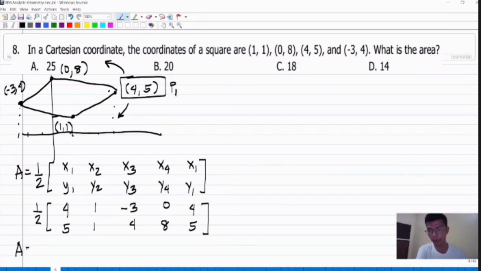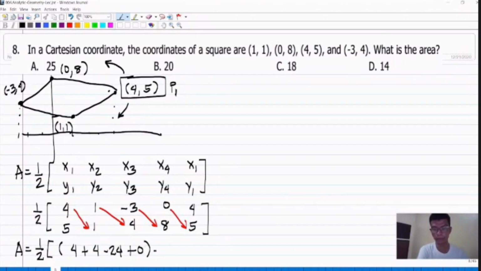So, let us now solve for the area. So, that is the 1/2 of, unahin natin yung sum ng mga pababa. And that is 4 times 1, 1 times 4, negative 3 times 8, and 0 times 5. So, 4 times 1 is 4, plus 1 times 4, so 4, plus negative 3 times 8, that is negative 24, plus 0 times 5, 0.